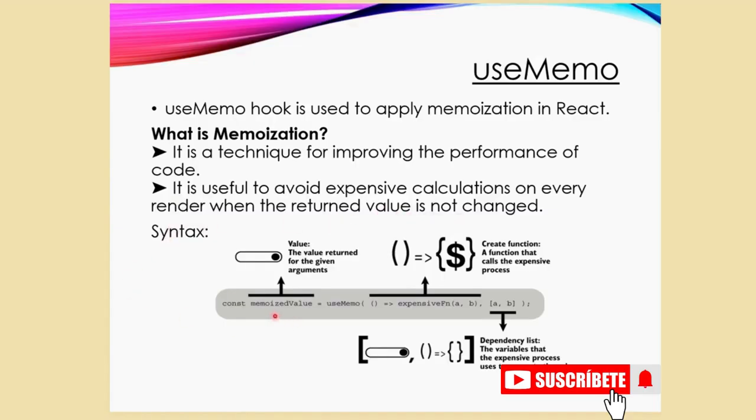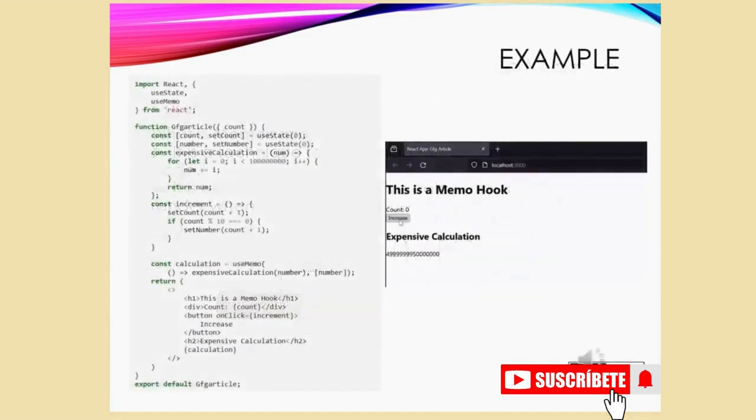Syntax: a memoized value returns for the given arguments. Create a function, a callback function that calls the expensive process, and a dependency list, the array dependency, which variables the expensive process is using to compute the function. I will explain the example.